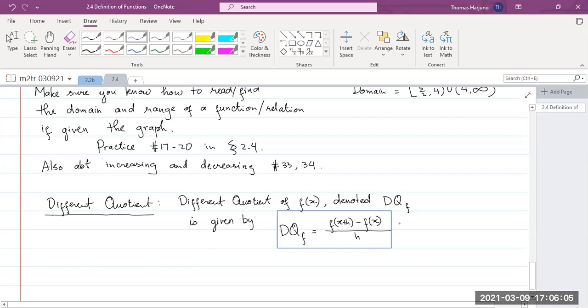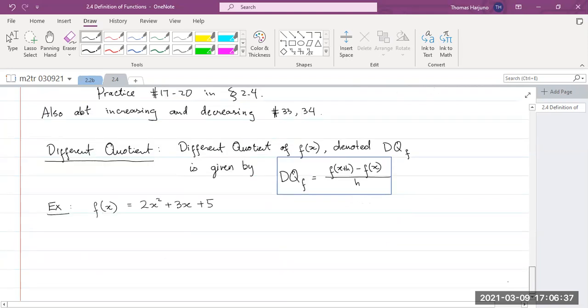But once you go to calculus, your instructor is supposed to already assume you know what the difference quotient of a function is. So suppose, for example, I go a little bit harder right away. Suppose I have f(x) equals 2x squared plus 3x plus 5. Then what is the difference quotient of this function? Solution.